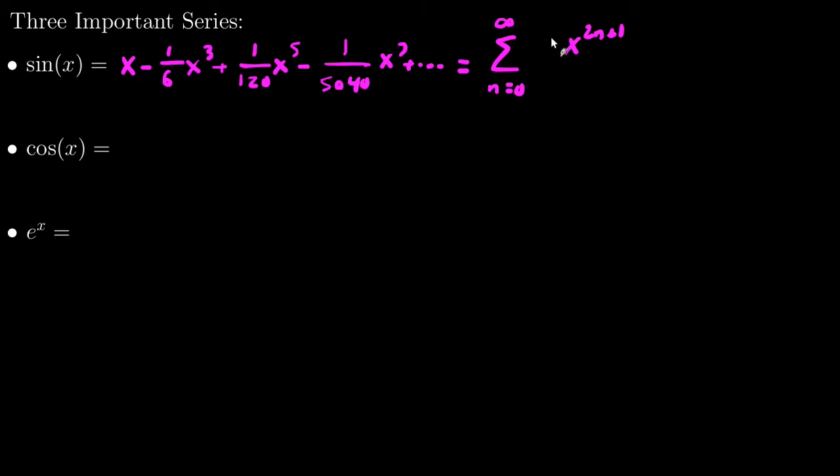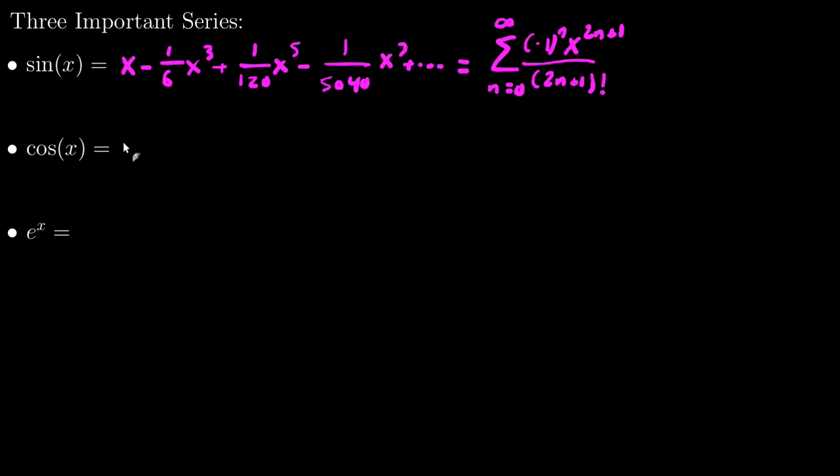It alternates, so I'm going to have a negative 1 to the n, and it's over odd factorials. This is 1 factorial, 3 factorial, 5 factorial, 7 factorial, so I will have 2n plus 1 factorial. So that is the Maclaurin series for sine.